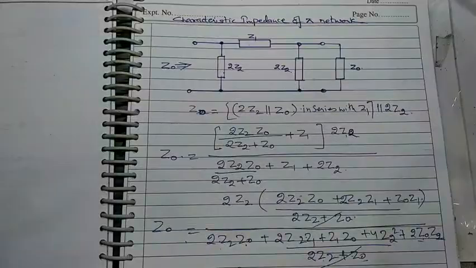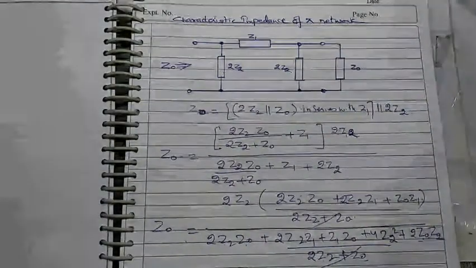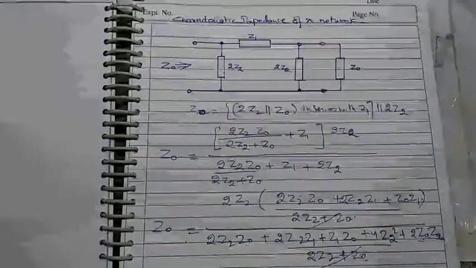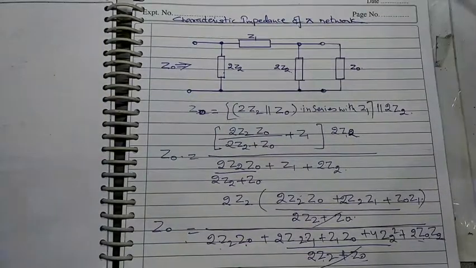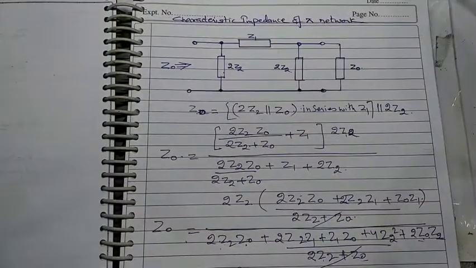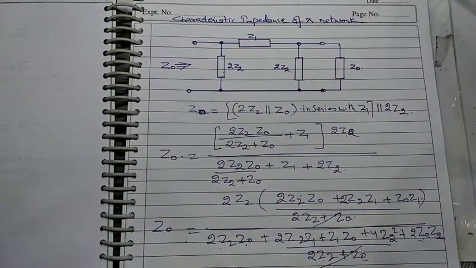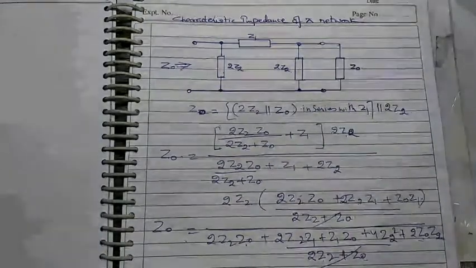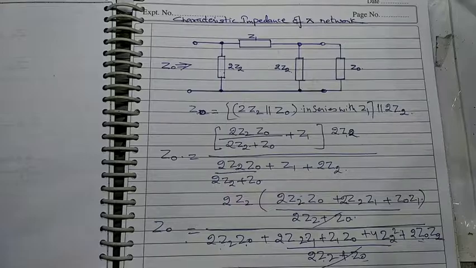Okay. So now we just move ZO to one side and the other terms to the other side. So we get 4Z2 ZO square plus ZO square Z1 equal to 4Z2 square Z1.